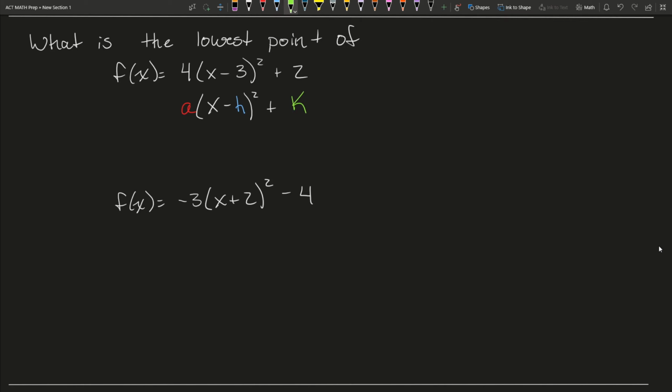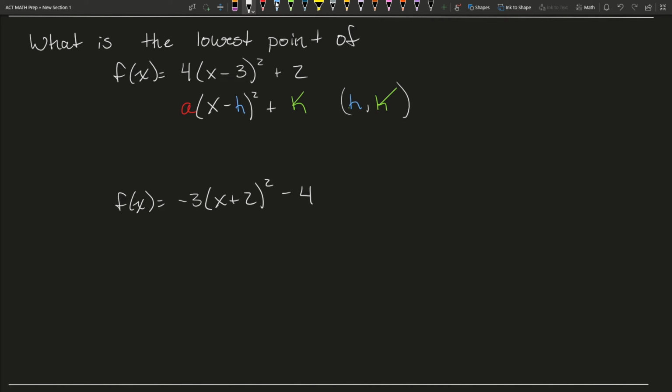And the vertex of any equation in this form is always going to be (h, k).